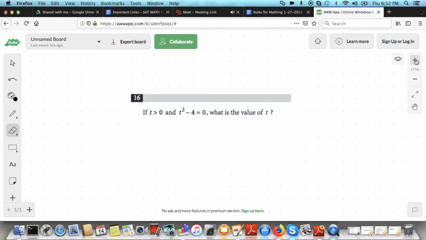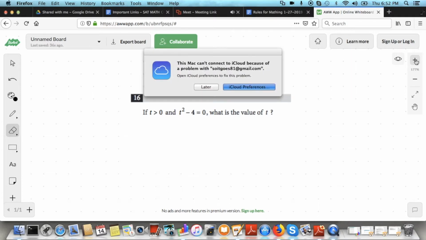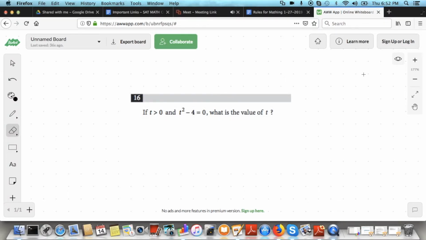Stop. Don't do anything. Certainly don't do any math or algebra here. Let's look at this purely logically. Not algebraically, not in terms of operations, just logically. What is t squared going to have to equal?